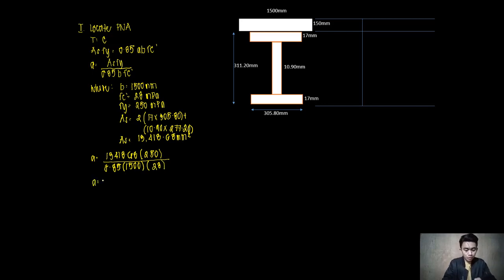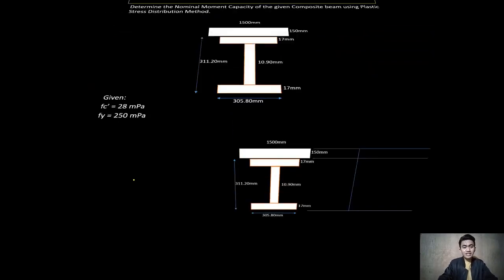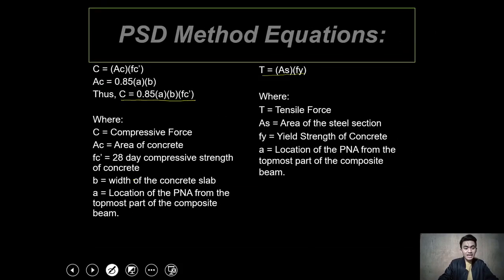So a is equal to 13,418.68 times 250 over 0.85 times 1,500 times 28, I will have 93.97 millimeters.